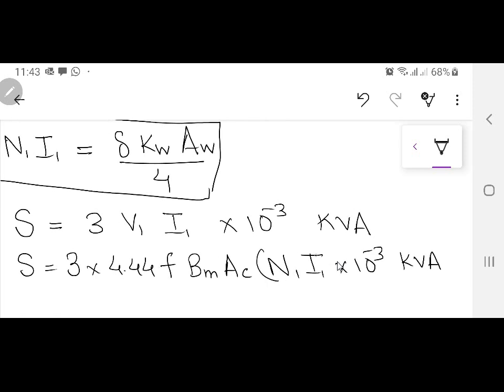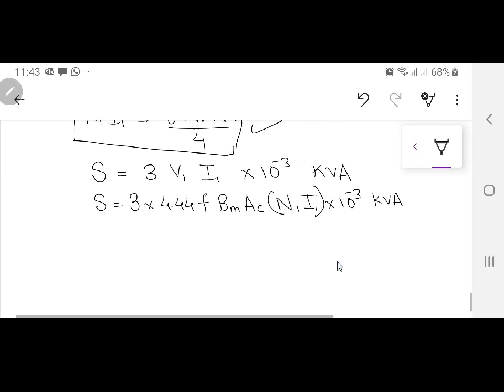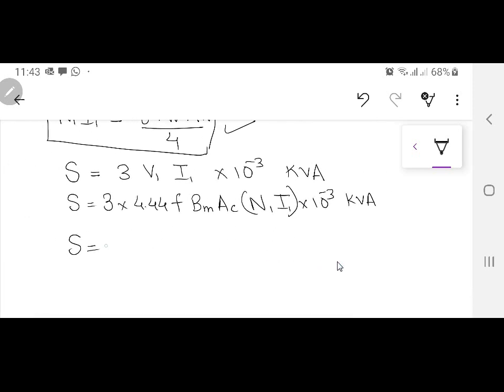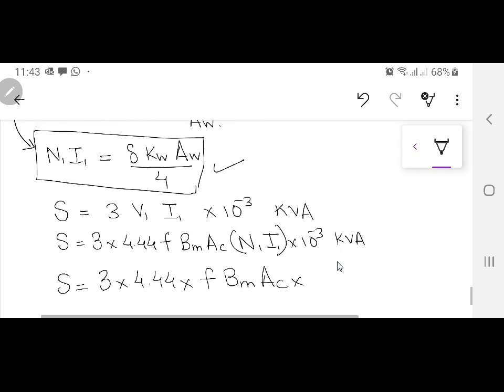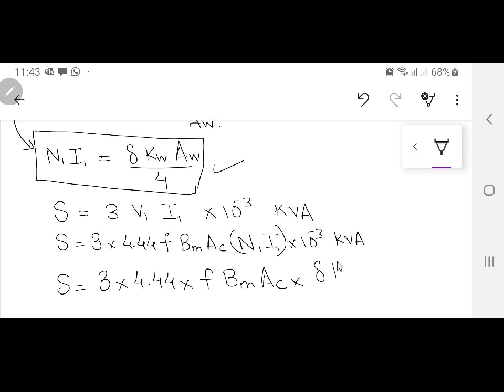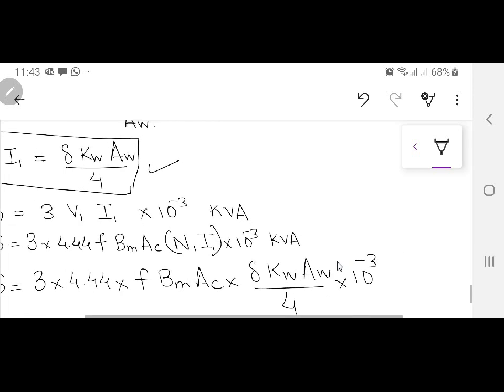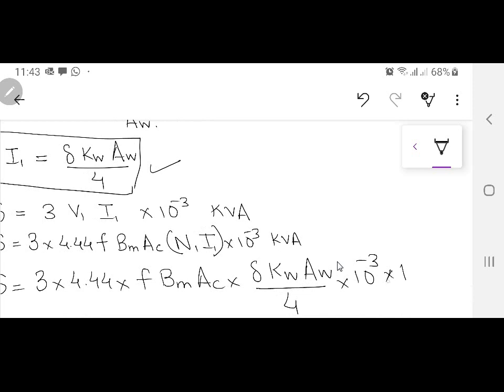Now here in this one, N1 I1, I can replace this one by this. So I will get S equal to 3 into 4.44 into F into BM AC into delta KW AW by 4 into 10 raised to power minus 3, oh sorry, actually this is kVA.